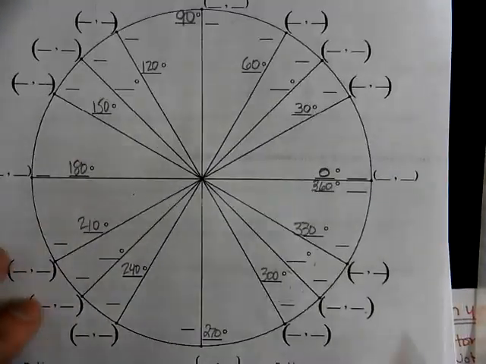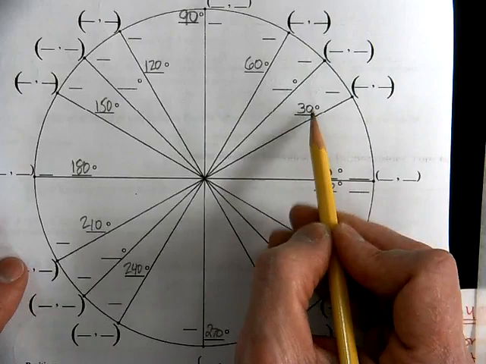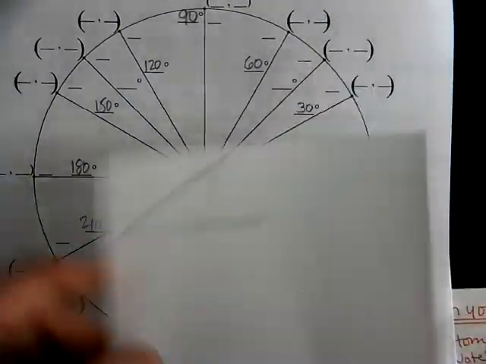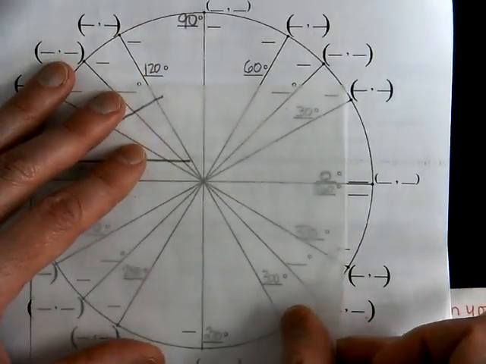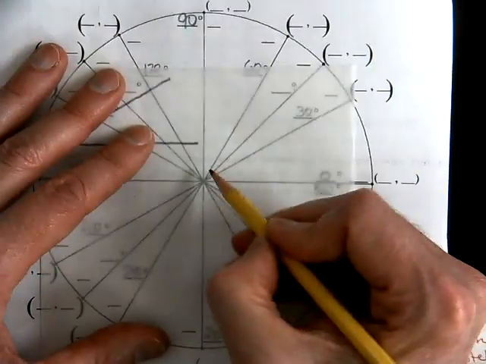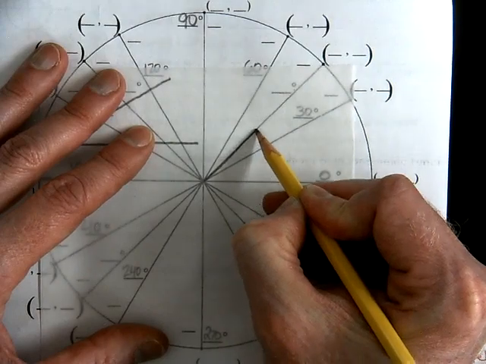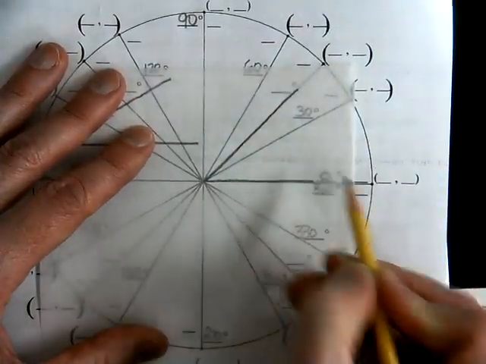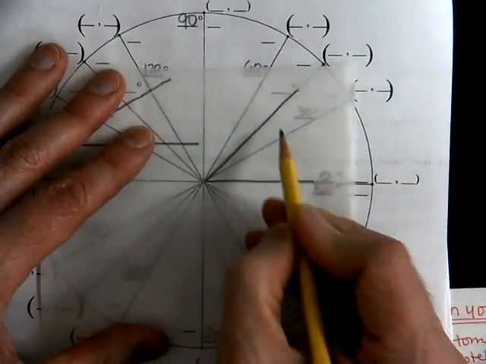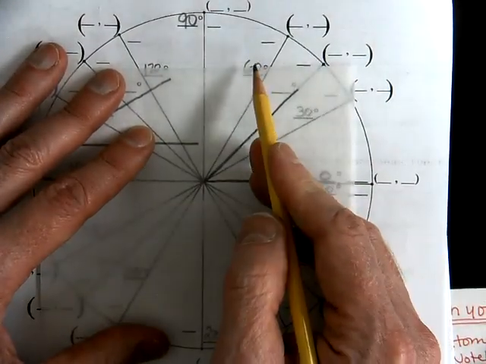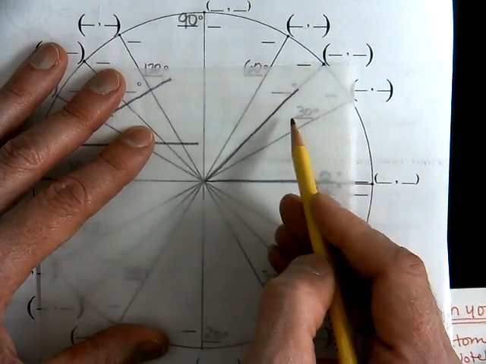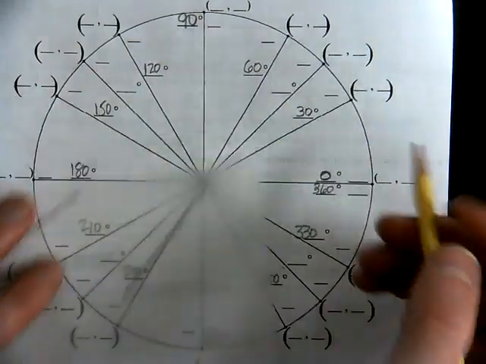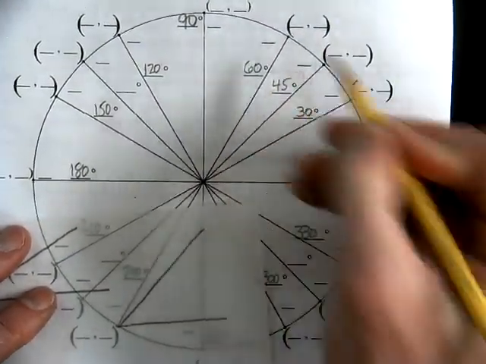And of course, as we've talked about, halfway in between 60 and 30 will be 45. I can come in here with the tracing paper so you have a visual. This is bigger than 30. It's less than 60. It's exactly halfway in between. It's one of the common multiples that we need to know. We've talked about that as 45.